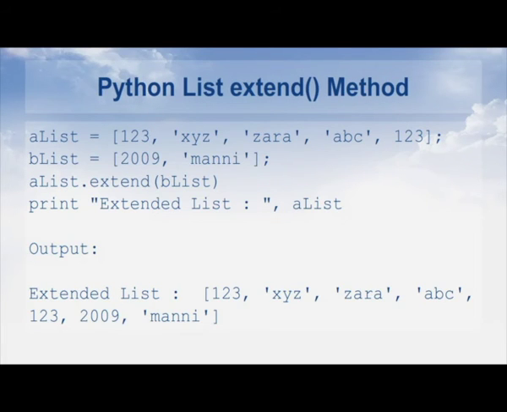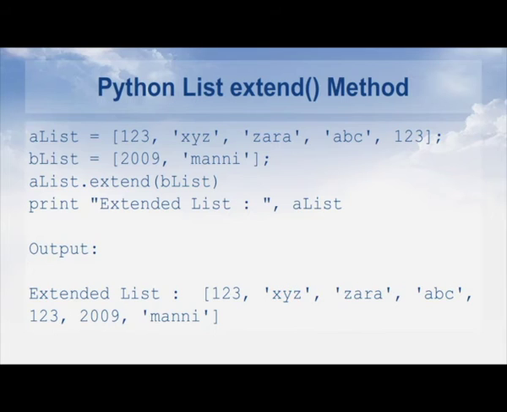The extend method of a list extends the list, that is, adds another list to the current list. Here in this example, we have created a list called a list with the same elements as before: 1, 2, 3, XYZ, Zara, ABC and 1, 2, 3.